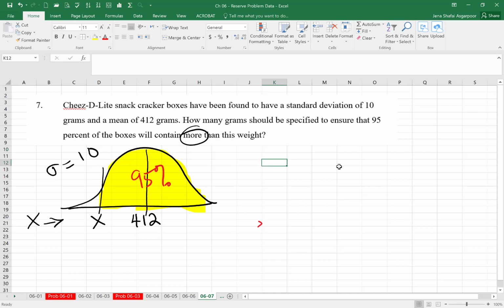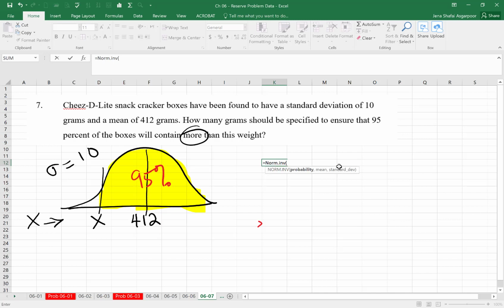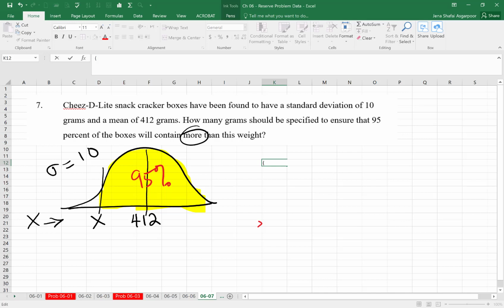So we can use the norm inverse function, which computes the value at which a certain percentage of the area under the curve exists. So if this area is 0.95, then again, I have the formula.